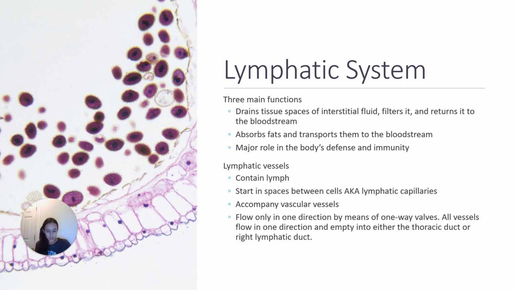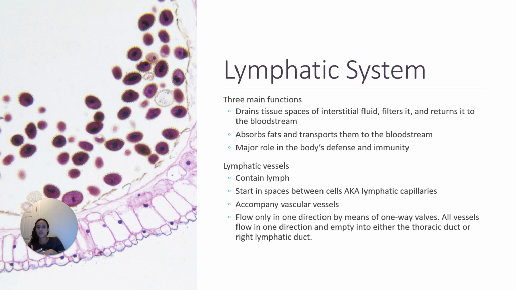So with that being said, the lymphatic system consists of lymphatic vessels, lymphatic organs, and the fluid that circulates through it, which is called lymph. It is closely associated to the cardiovascular system, because these vessels flow really close to vascular vessels. Let's talk about the functions.